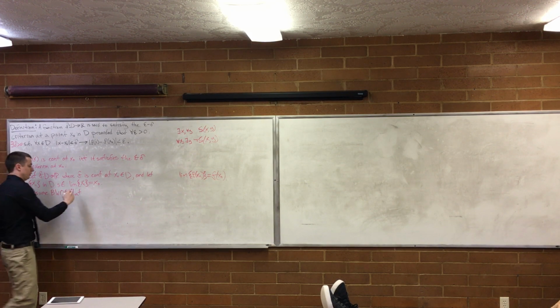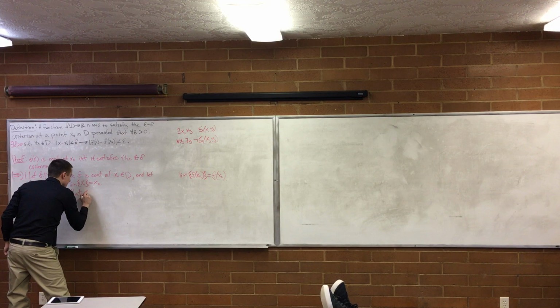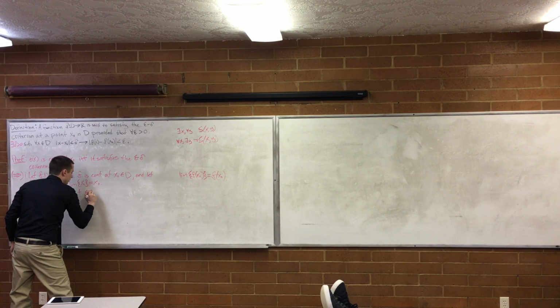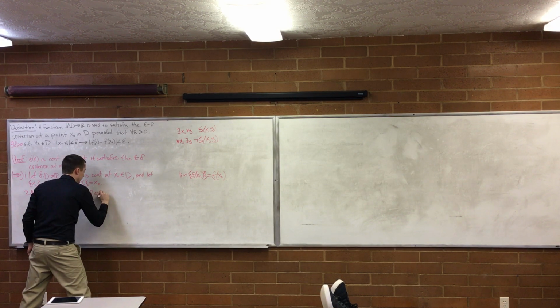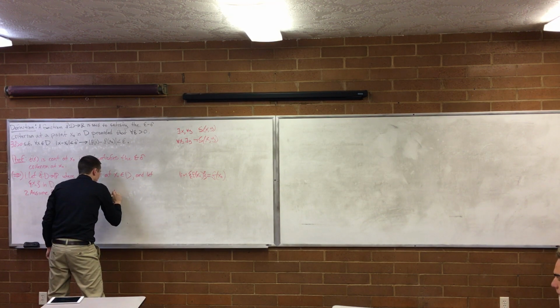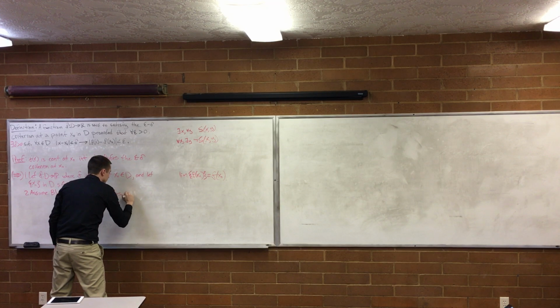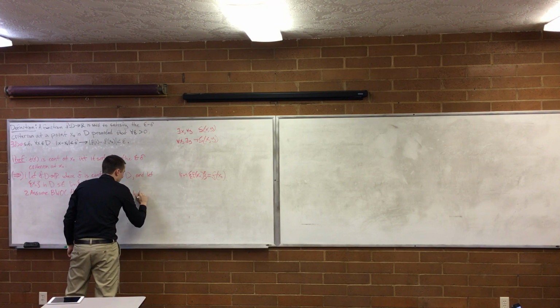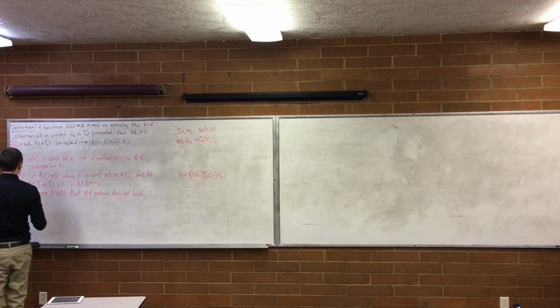Assume by way of contradiction that the epsilon delta criterion does not hold. What does that mean?